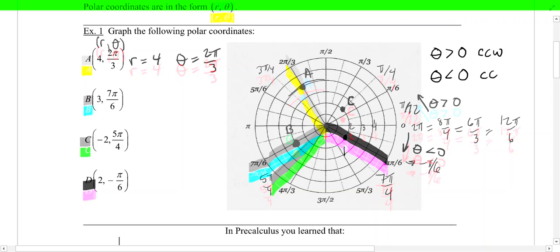There we go. That's D. All right, to recap, if it's a negative radius, for a radius less than 0, you're going to go across the pole from whatever angle it is. If r is greater than 0, it's on the same side of the pole.